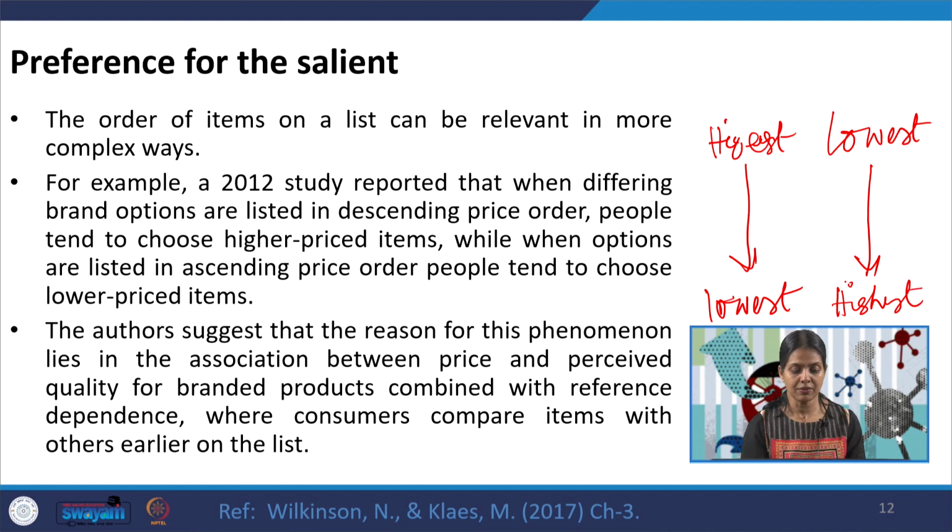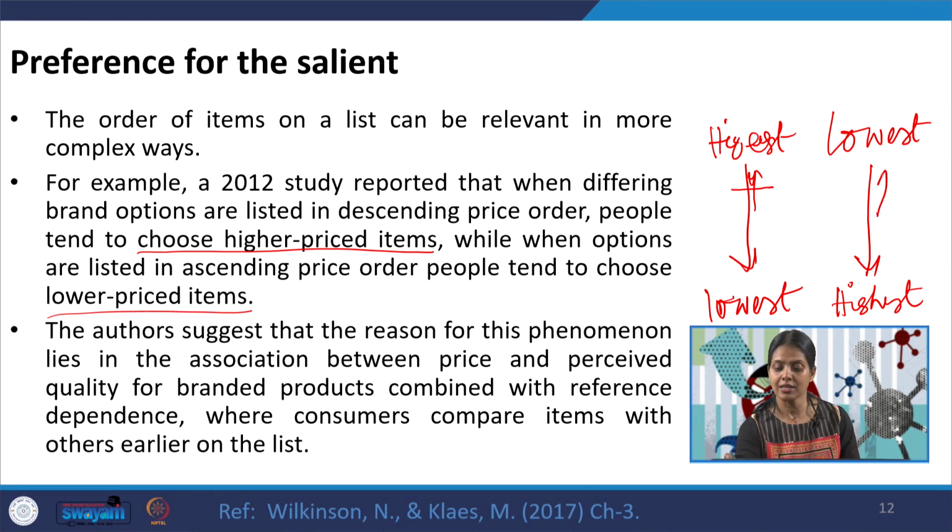What has been observed is that in the descending price order, people tend to choose higher priced items. So, people are choosing prices which are higher on the list. Then when options are listed in ascending order, people tend to choose lower priced items, again items which are higher up in the list. The authors suggest that the reason for this phenomenon lies in the association between price and perceived quality for branded products, combined with reference dependence.